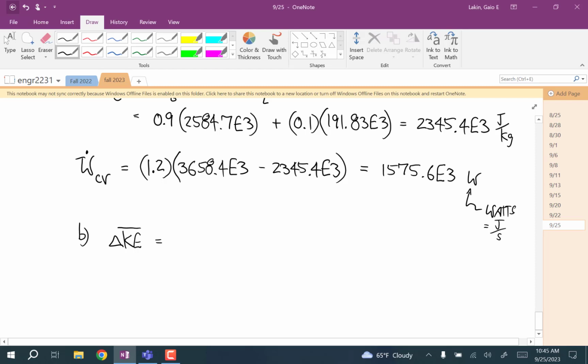What it really is, is the time derivative of the change in kinetic energy. This is equal to 1/2 times the mass flow rate times the quantity, V at the exit squared minus V at the inlet squared.